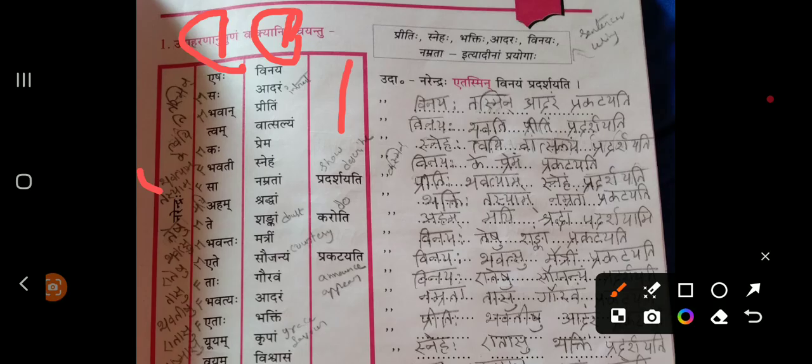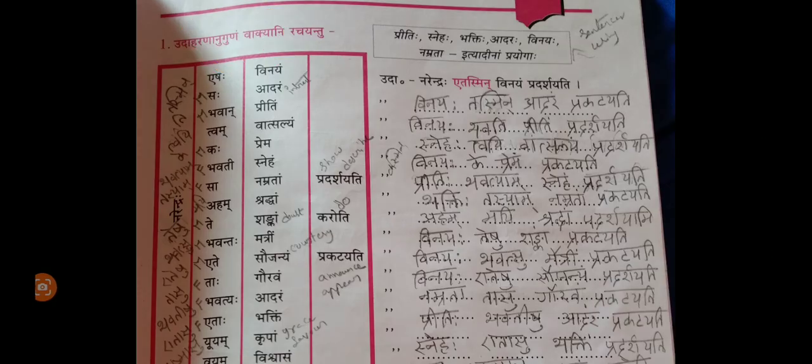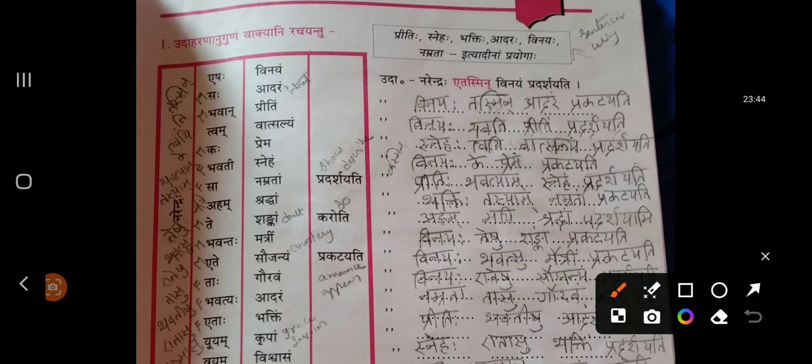And they're asking you to create a few simple sentences. How we need to create a sentence? As I told you earlier, every sentence should have minimum one subject, one object, and one verb.